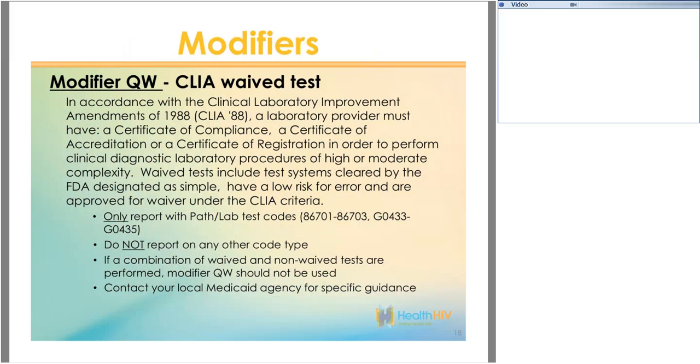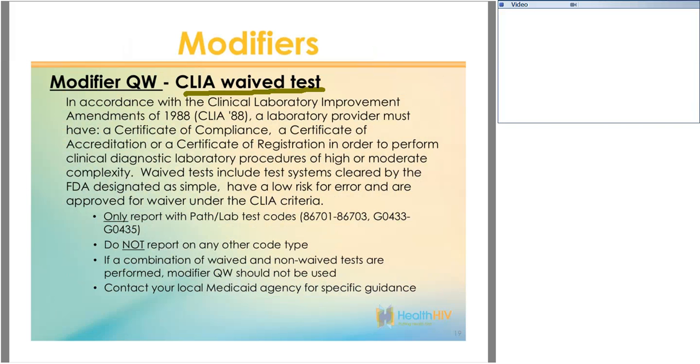The next modifier is Modifier QW. Modifier QW is a HCPCS modifier, and the description of Modifier QW is CLIA waived test. The acronym CLIA stands for Clinical Laboratory Improvement Amendments of 1988.